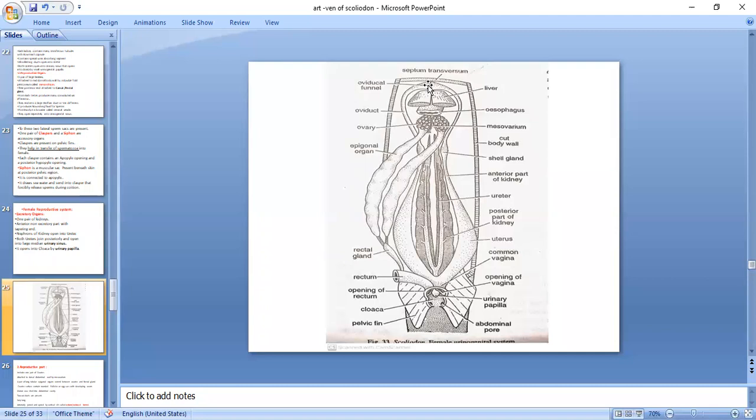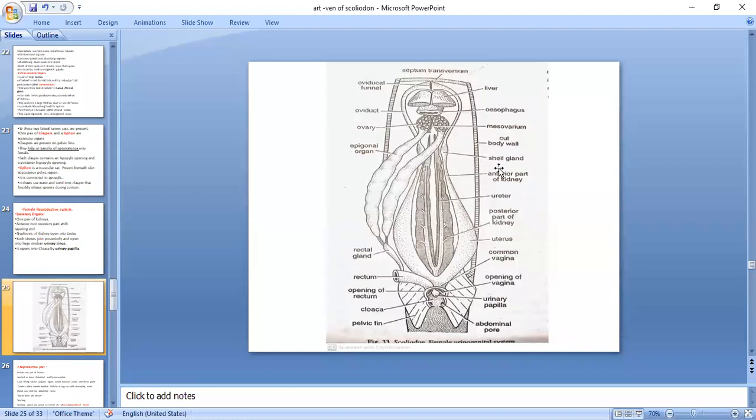On the ventral side there appears a small vertical aperture called the oviducal funnel. Each one moves forward to where the oviduct is bulged in the middle, and that part is the shell gland.